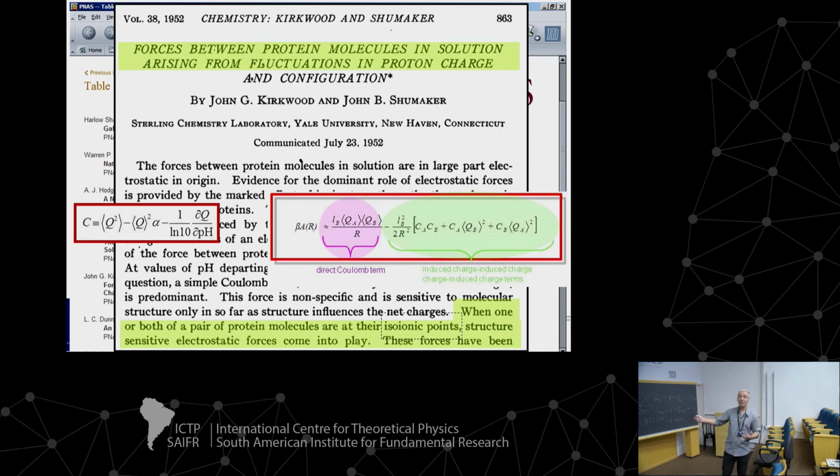So as high as this number and as high as the number, higher will be this contribution. Simple like that. So now you start to have clues when you have to think about this phenomenon. Because if you are working close to the isoelectric point and you see attraction, it can't be ion correlation. But it can be charge fluctuation, proton fluctuation.